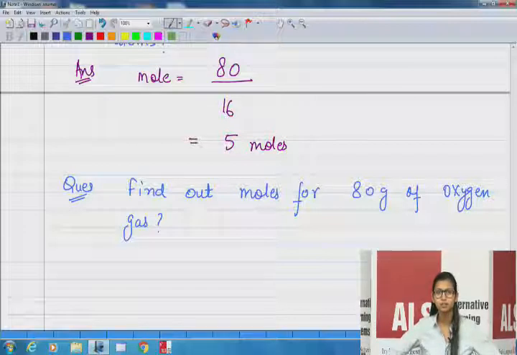Just write it down, we are just practicing. It's okay if the answer is wrong. You people are doing it, that's more than enough. 5, okay. How many of you are getting 5 as the answer? Raise your hands. Backbenchers, you are getting 5. Any one of you getting 2.5? Yes, good.